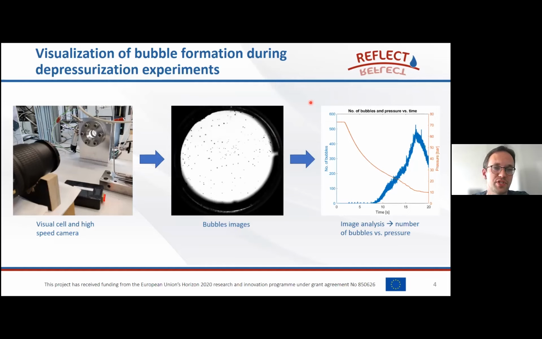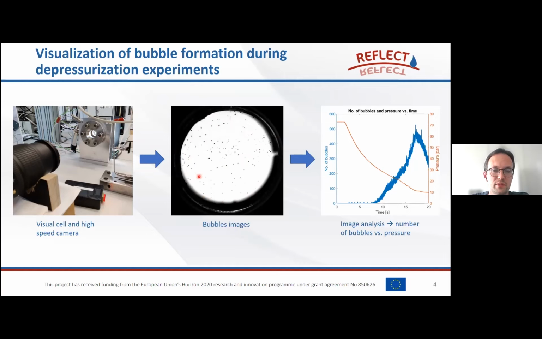We have a visual cell over here on the left, to which we point a high-speed camera. The visual cell is filled with water that is saturated with CO2 and then depressurized. And during that depressurization, we are recording images of what that looks like. At some point, you will see bubbles forming.